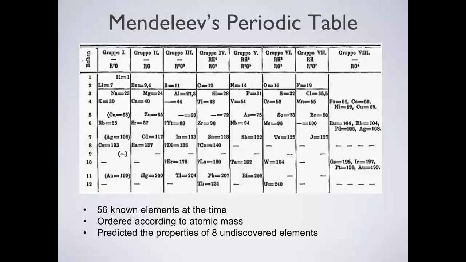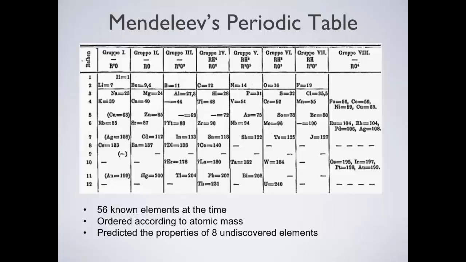For example, there was an element here that Mendeleev predicted should be similar to tin and some other compounds, but he didn't know what it was. It was later discovered, and it fit right there in the periodic table. So Mendeleev predicted the existence of elements that no one had ever isolated before, based on their behavior and based on how he set up his periodic table.